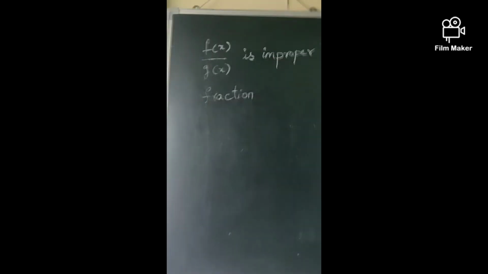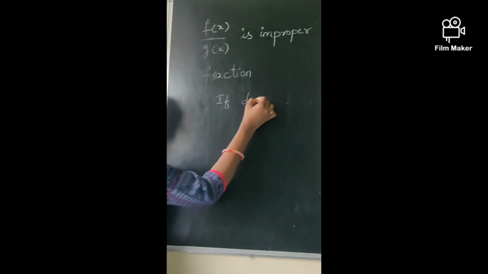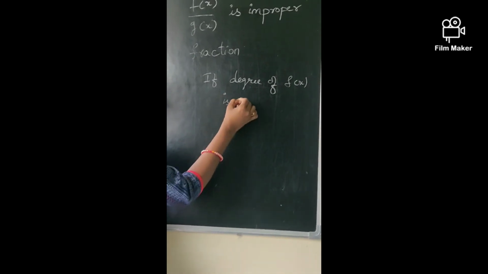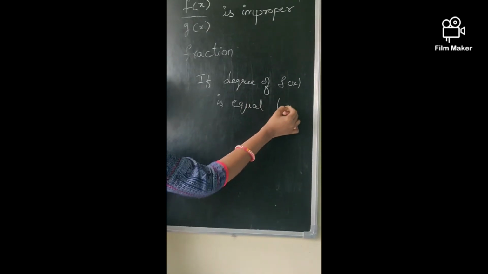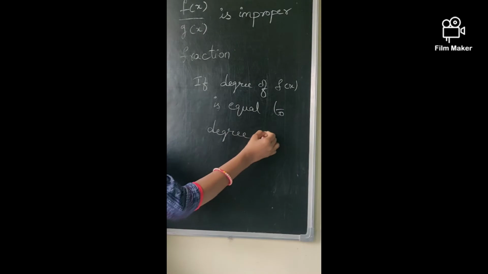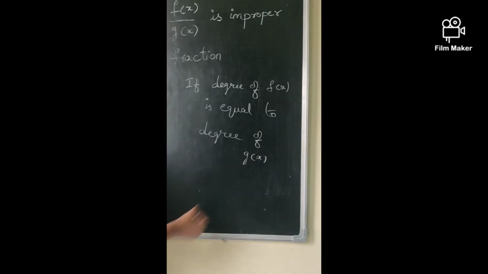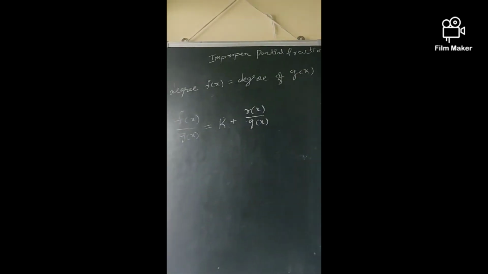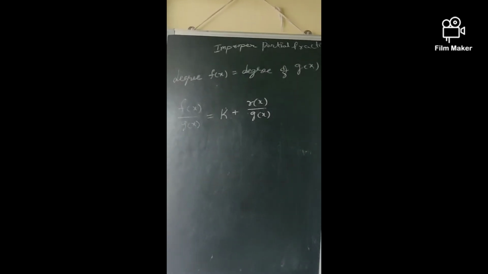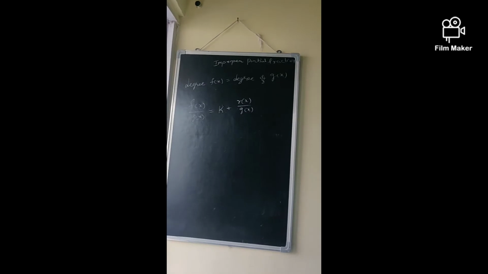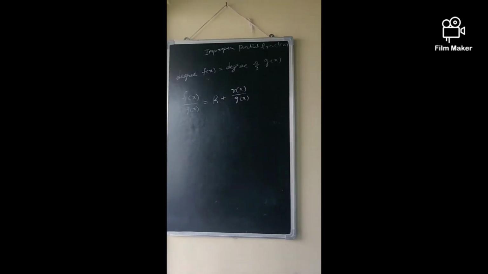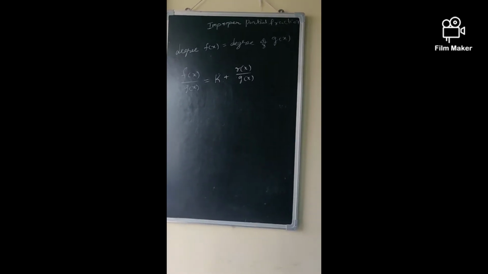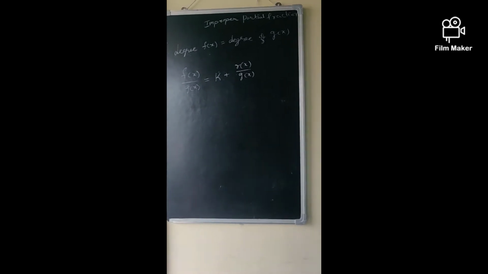That is, if the degree of f of x is equal to the degree of g of x, for this type of problems we can take one constant k plus R of x by g of x, where R of x by g of x is a proper rational fraction, and where k is a constant.